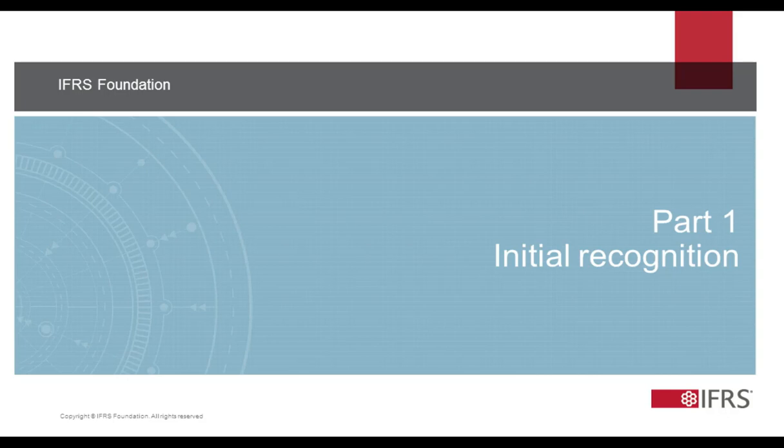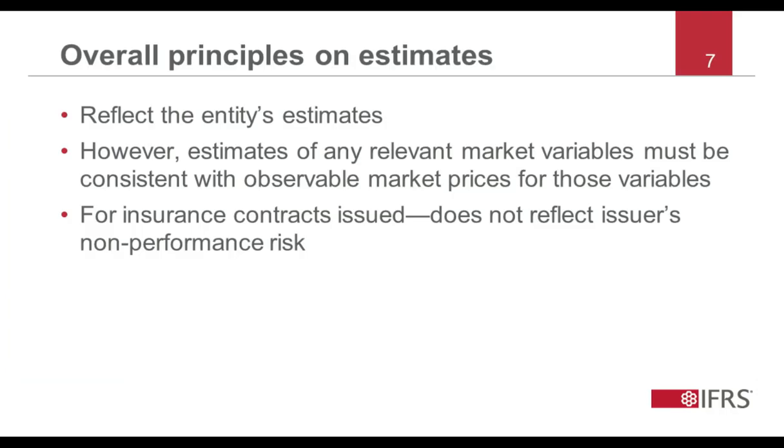Let's discuss the measurement of the insurance contract at initial recognition. We will start with the overall principles and estimates used in determining the fulfillment cash flows. Firstly, estimates are entity-specific. However, sometimes an entity will need to use market variable estimates.